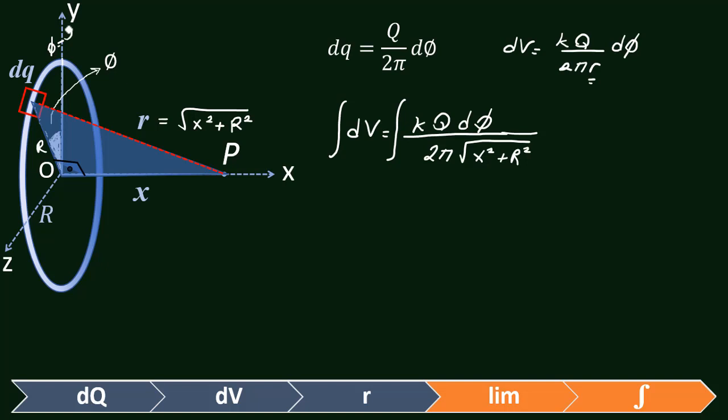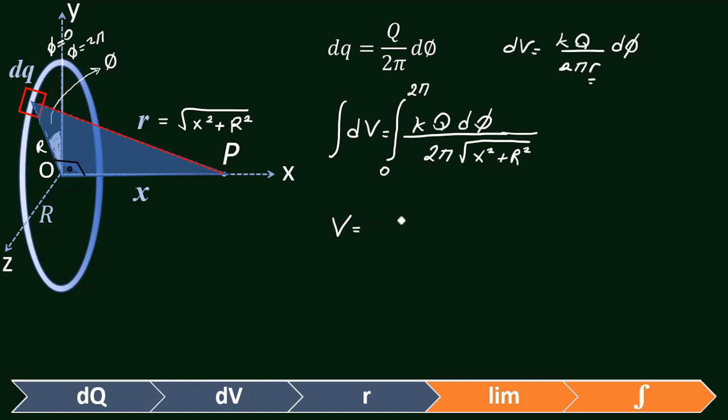Here phi equals 0 degrees, and it increases as you go around the ring, 90 degrees, 180 degrees, which is pi, all the way back to phi equals 2 pi. So we have from 0 to 2 pi as our limits.